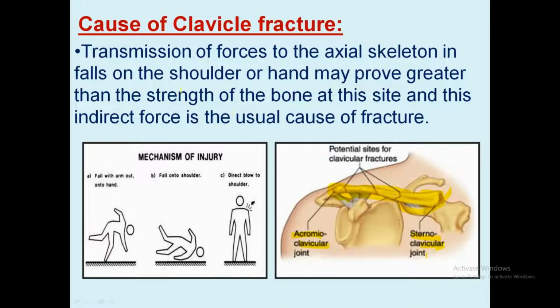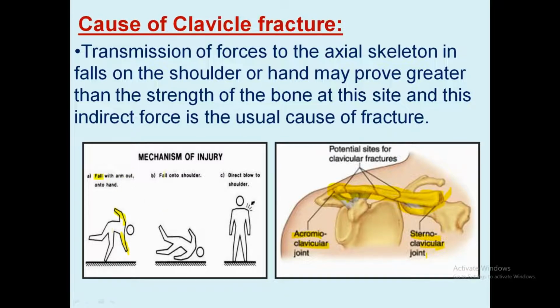Clavicular fractures are especially common in children and are often caused by an indirect force transmitted from an outstretched hand through the bones of the forearm and arm to the shoulder during a fall.